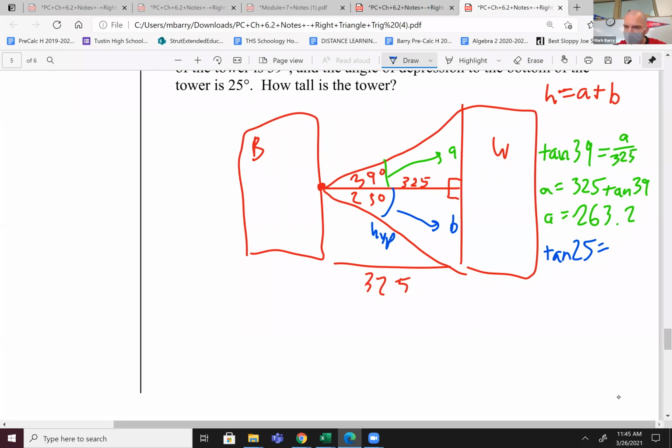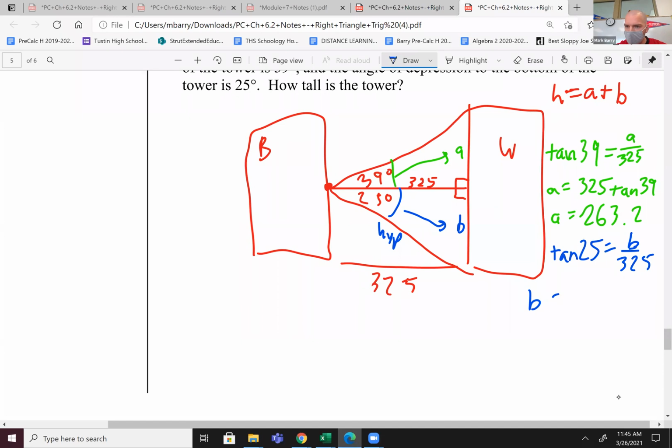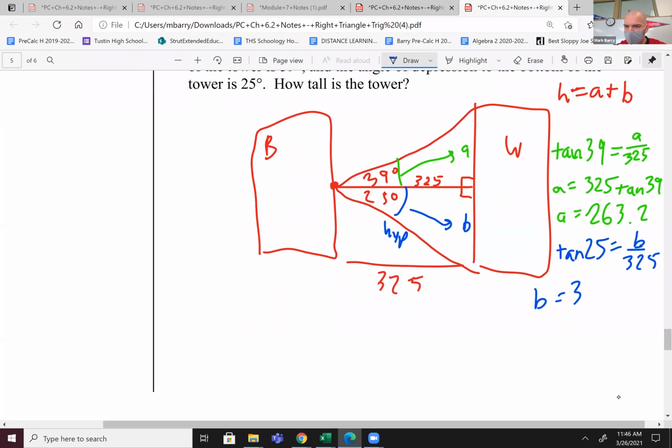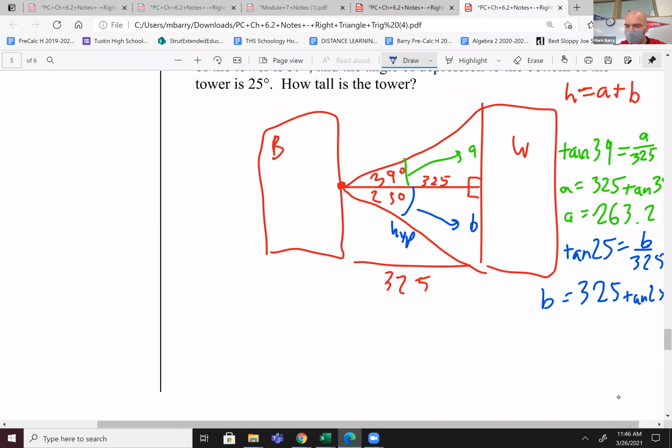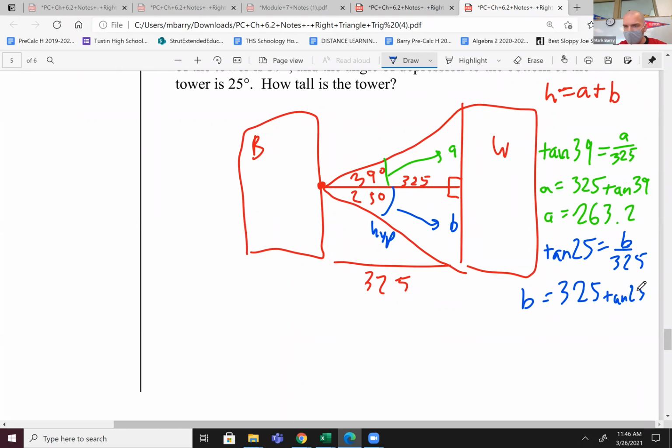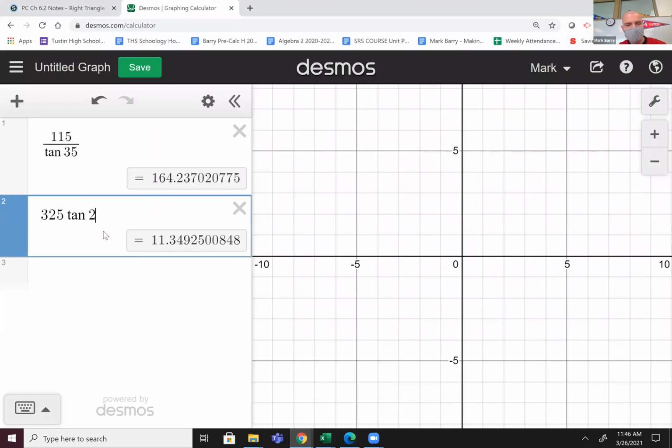So kind of the same setup as our previous one, except now we got 25 degrees instead of 39. So that'll be an easy change in the Desmos. You get 151.5.